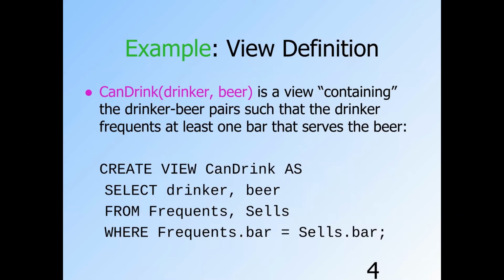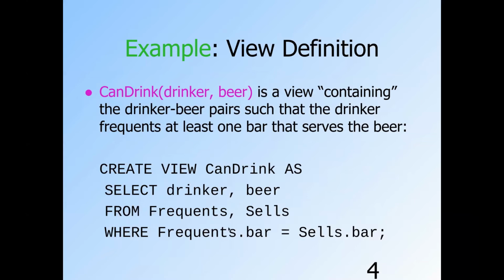So this basically gives a definition of the CanDrink table, if you will, but it's not really a table, because it never actually gets filled with anything. CanDrink is defined as selecting the drinker and the beer, doing a join over Frequents and Sells.